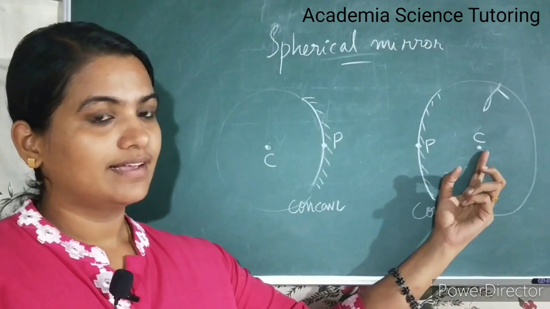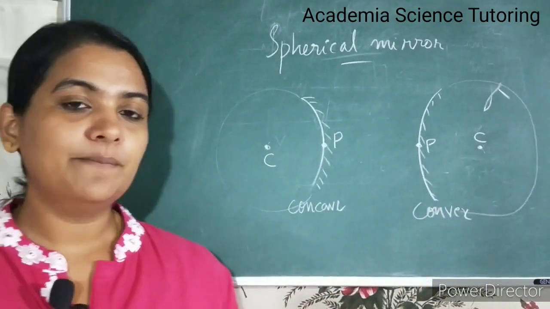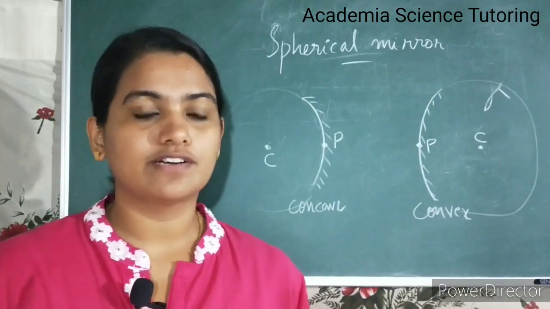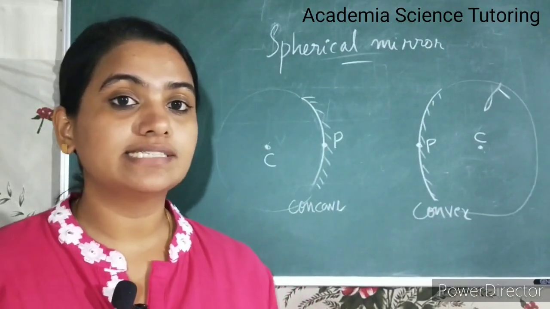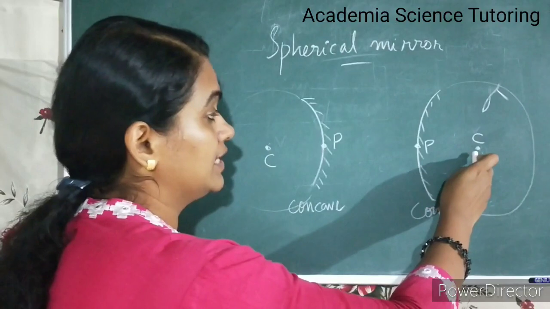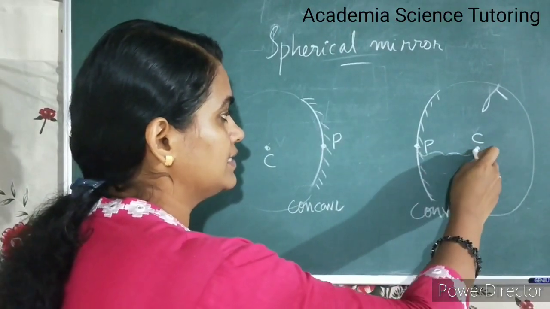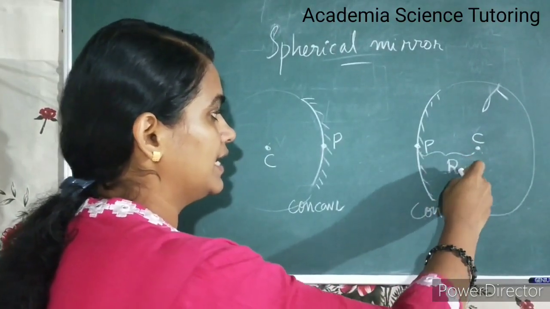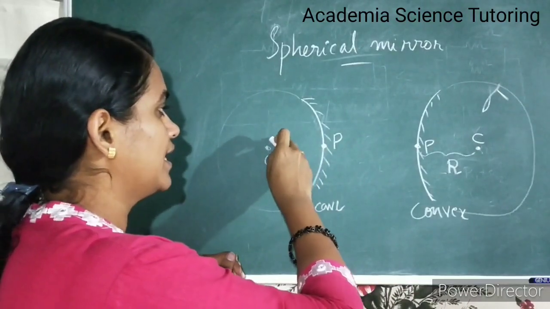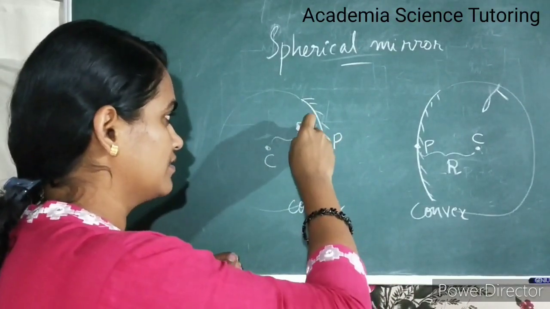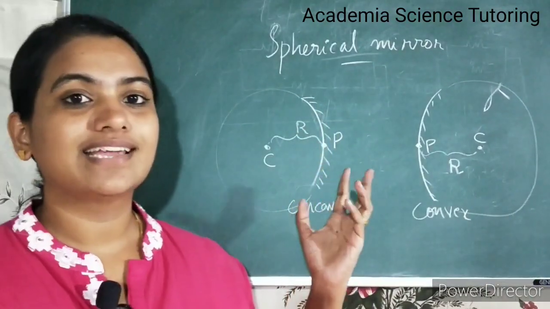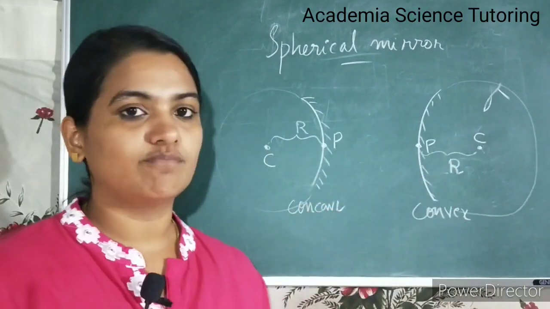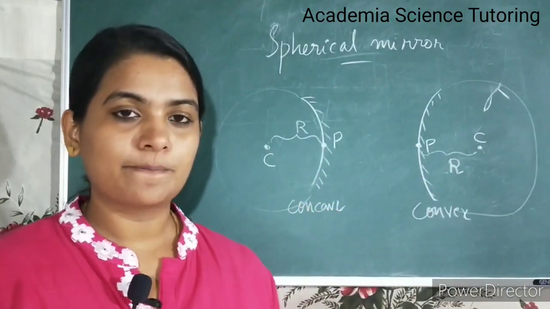And next is the radius of curvature. Radius of curvature is the radius of this sphere. This is the radius of curvature, represented by capital letter R. So this is the radius of curvature of both these mirrors.